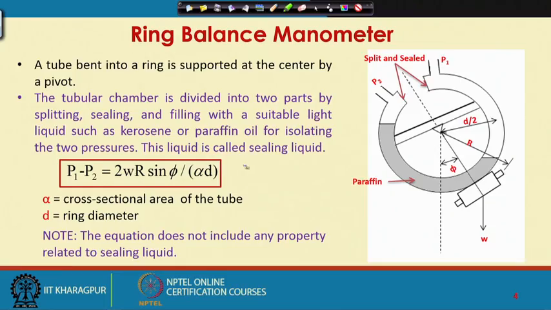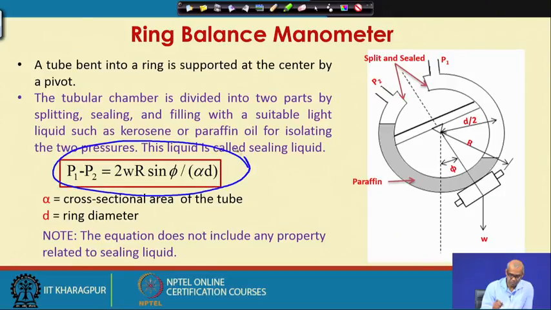You can derive this equation, which is P1 minus P2 equal to 2 W r sin phi divided by alpha into d, where alpha is the cross sectional area of the tube, W is the weight attached to the ring, r is the radius.